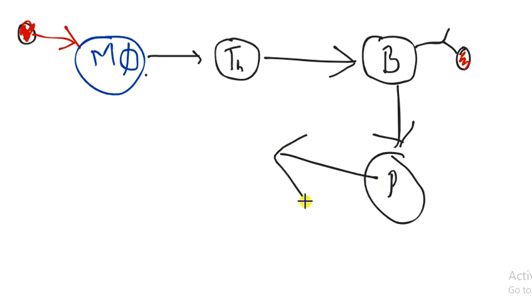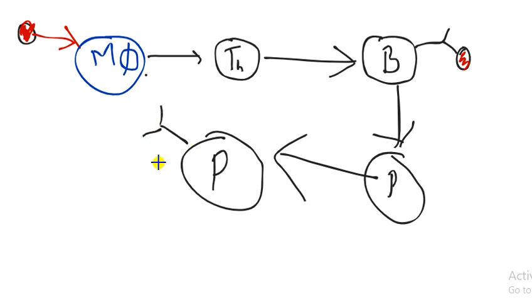Then the plasma cell produces more IgE. It releases a larger amount of IgE.